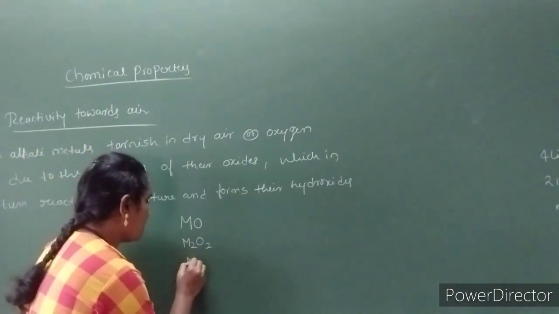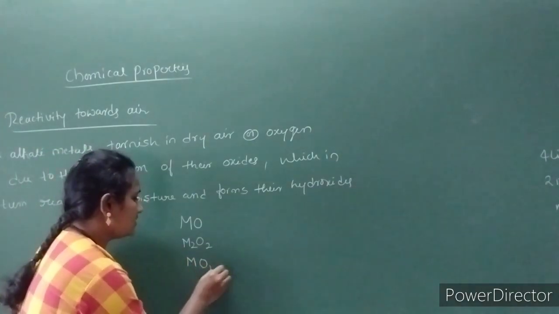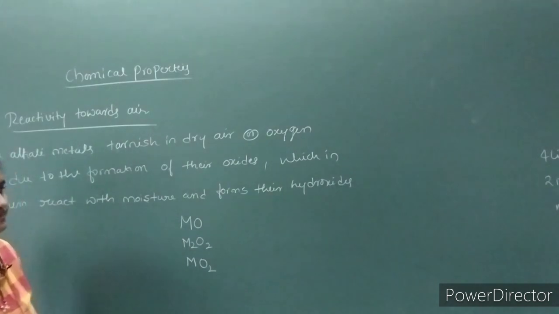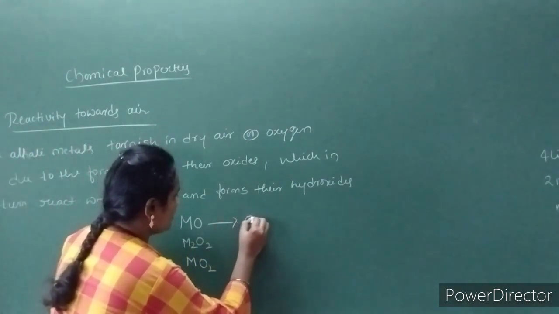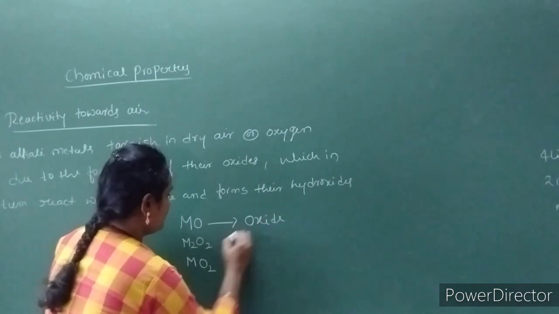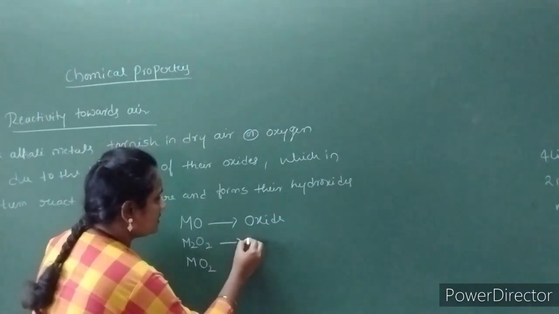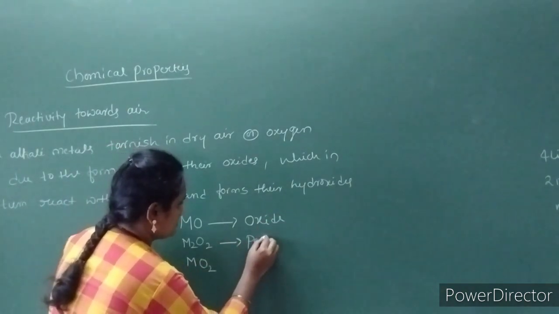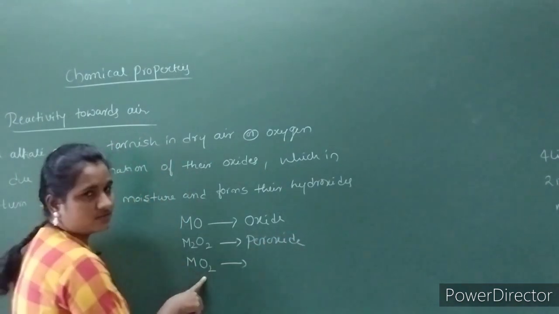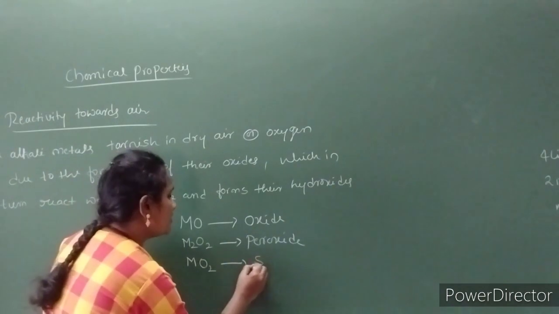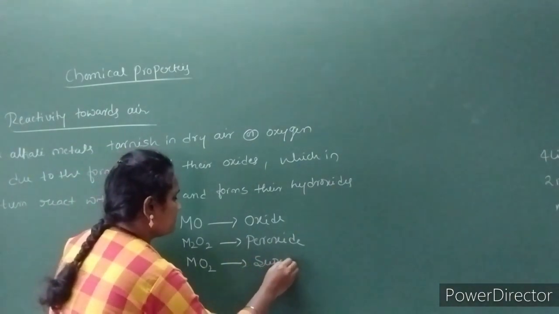If one metal is presenting two oxygen atoms, those are said to be superoxides.